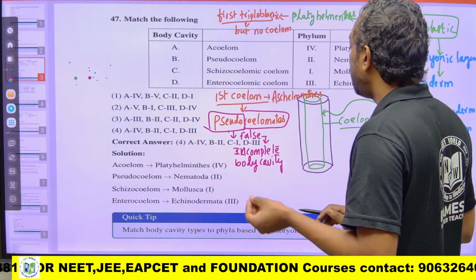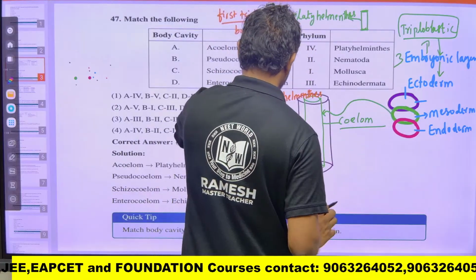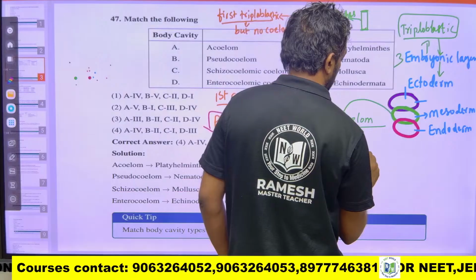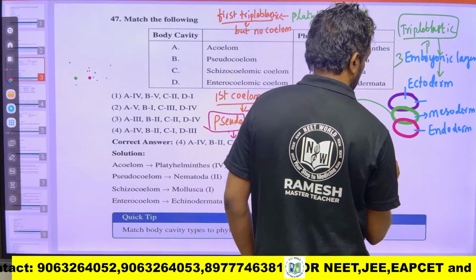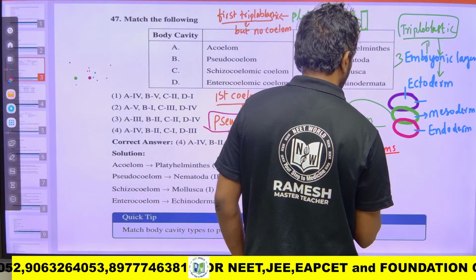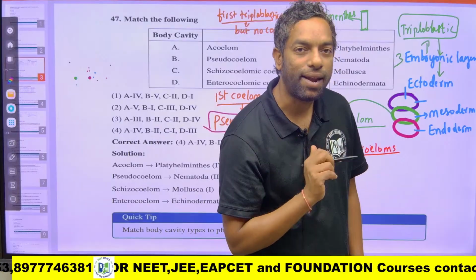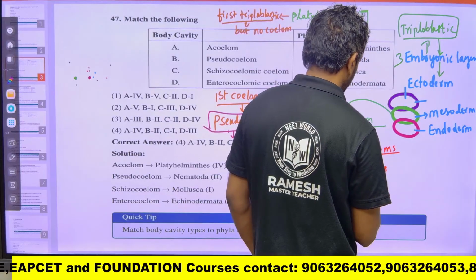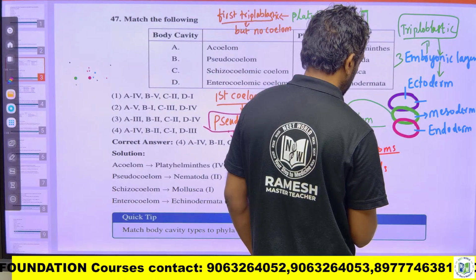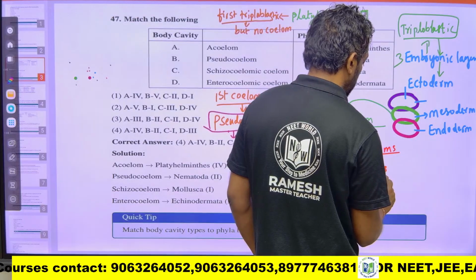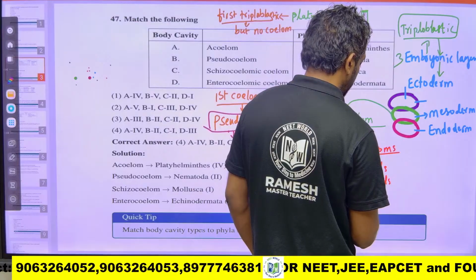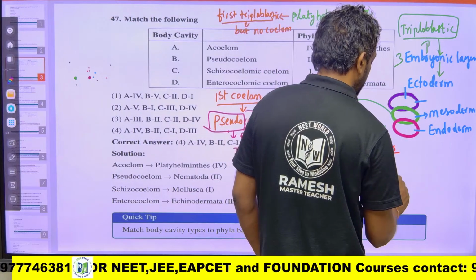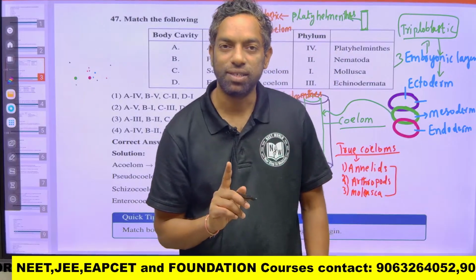So, the first true coeloms are produced after Aschelminthes, in annelids, arthropods, and molluscans. These first 3 are the schizocoelomates.